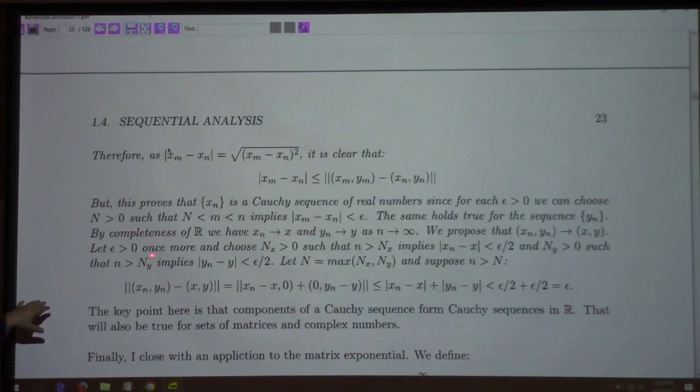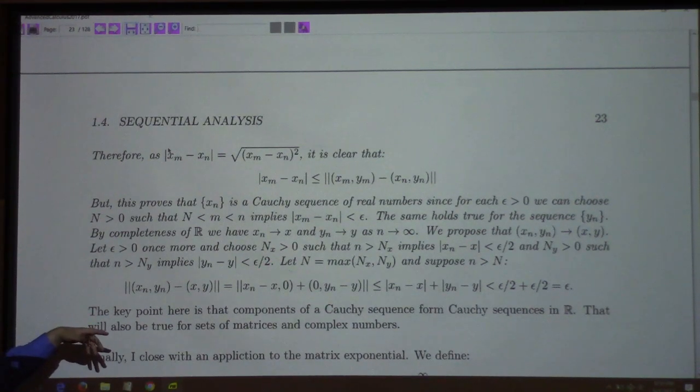But anyway, you just pick epsilon greater than 0, choose n sub x such that I get that, choose n sub y such that I get that. Why can I do this and why can I do that? It's because the limit of x sub n equals x and the limit of y sub n equals y. So I get to control how far yn is from y and how far xn is from x for sufficiently large integers. And then I just let n be the max of that, so I get my cake and eat it too.